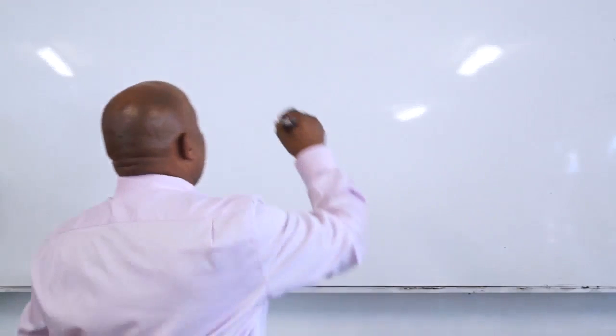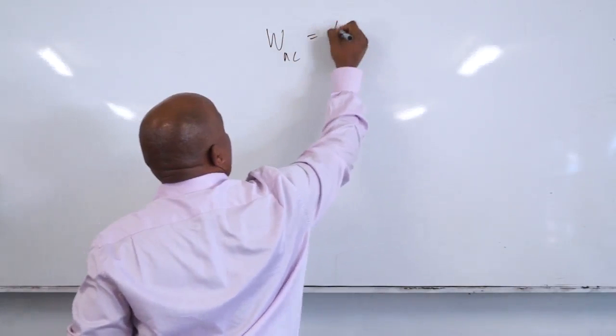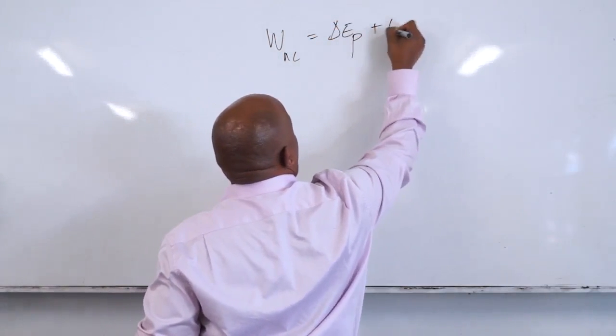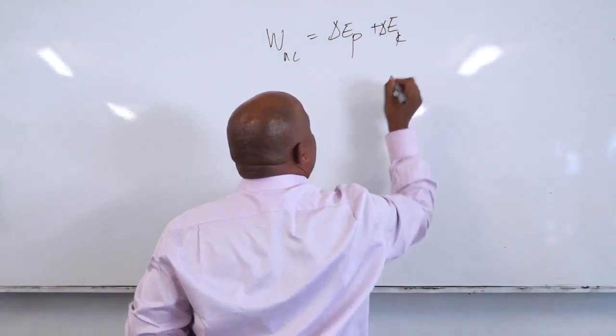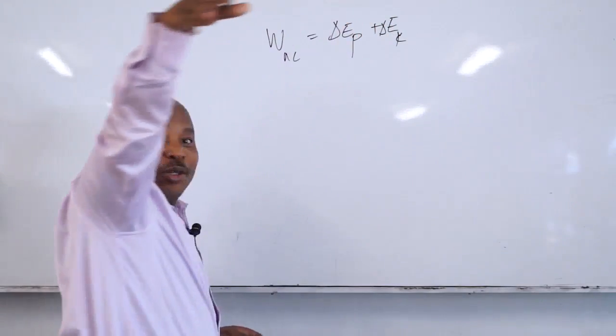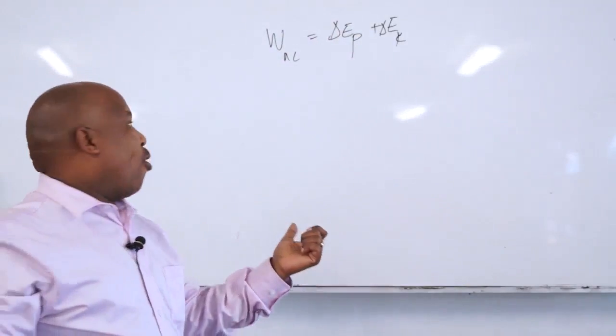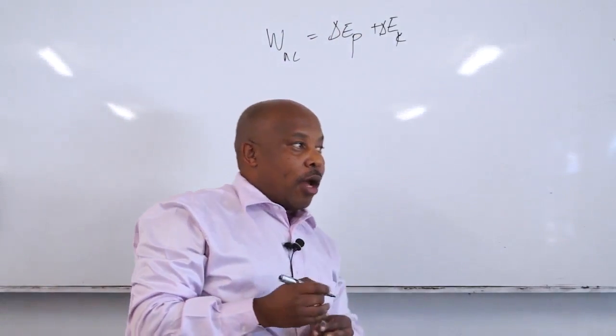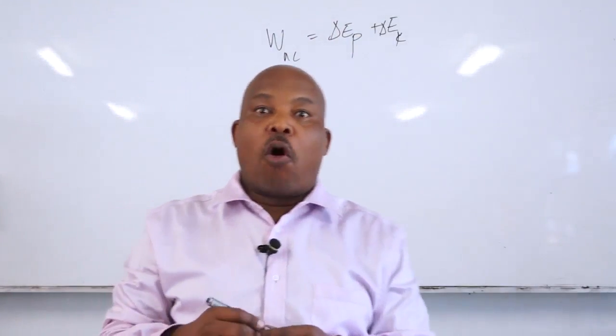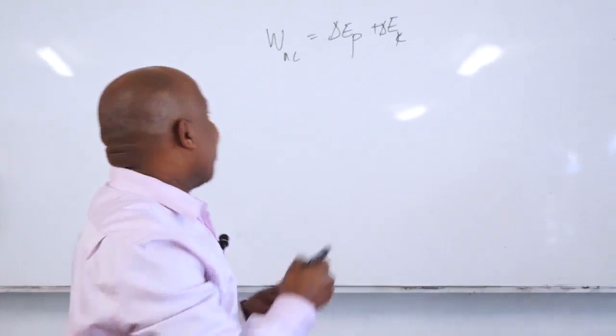The WNC equals delta EP plus delta EK. Remember, they ask you WNC in number 3, so the question carries over to number 4. So there is your work non-conservative force. What is work non-conservative force?